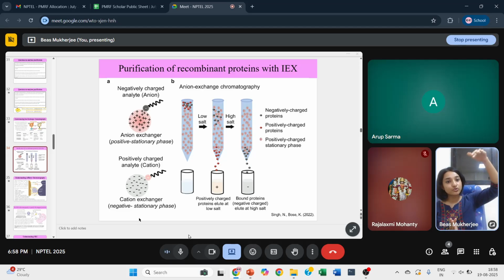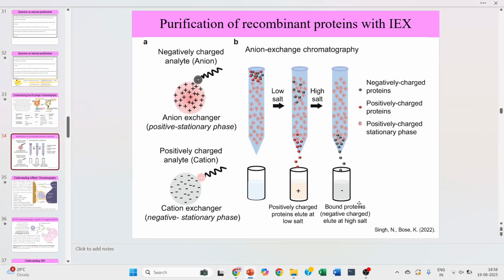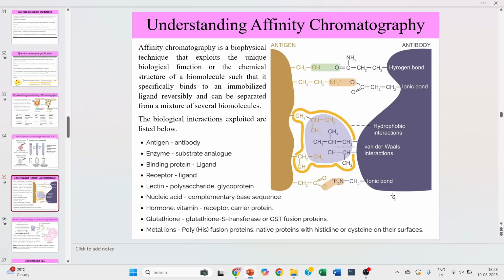Then you are going to introduce this high salt buffer, which contains the negatively charged small ions, and these are going to come and bind to the resin, and elute your protein of interest. Right? So that is what is going to happen. The paper is given here as reference. You can go through it.